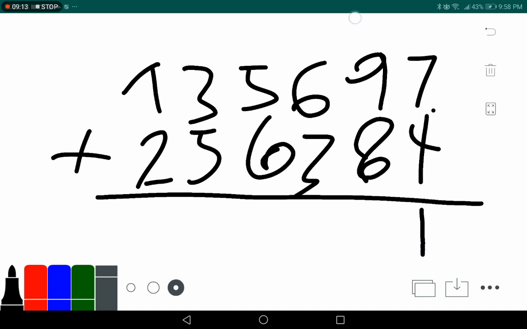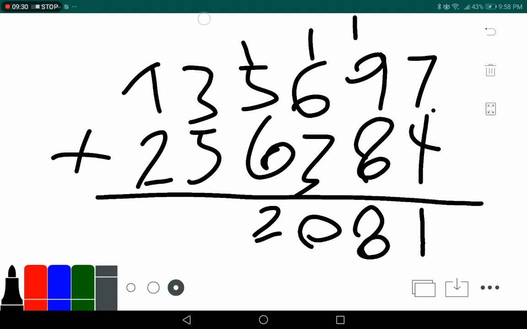So you put the 1. 10 plus 8, like you said, equals 18. 7 plus 3 equals 10. And then 6 plus 6 equals 12. 4 plus 5 equals 9. And last of all, 1 plus 2 equals 3.